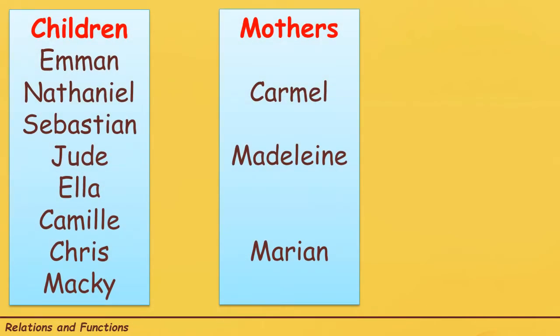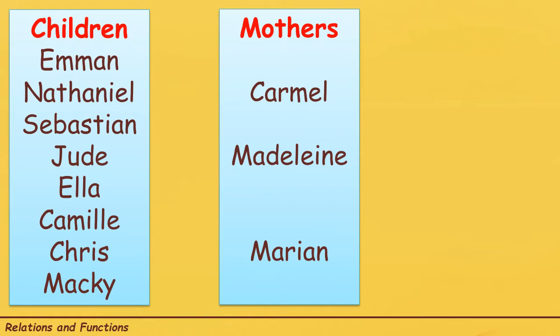Okay, now let us express blood relations as a mapping, or we can say mapping diagram. So sa paggawa ng mapping diagram, merong tayo ditong dalawang part. Yung una is children, yung lahat ng pangalan ng mga anak nung tatlong mothers. Sila ay sina Eman, Nathaniel, Sebastian, Jude, Ella, Camille, Chris, and Mackie.